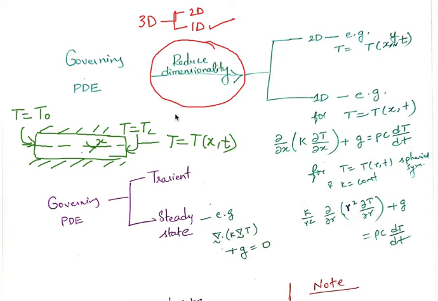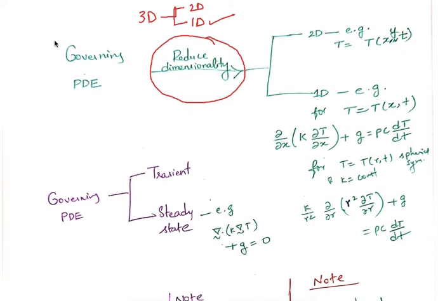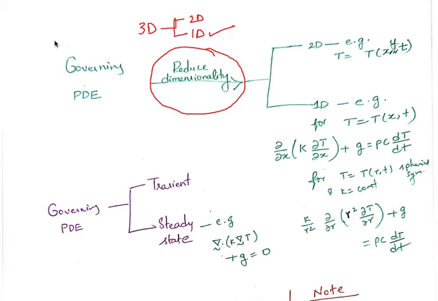So this is one way to reduce the complexity of the problem, which is to basically, based on the geometry and boundary conditions, say that the solution only depends on either something like xy coordinates or only x. You have reduced the number of spatial variables within the problem.